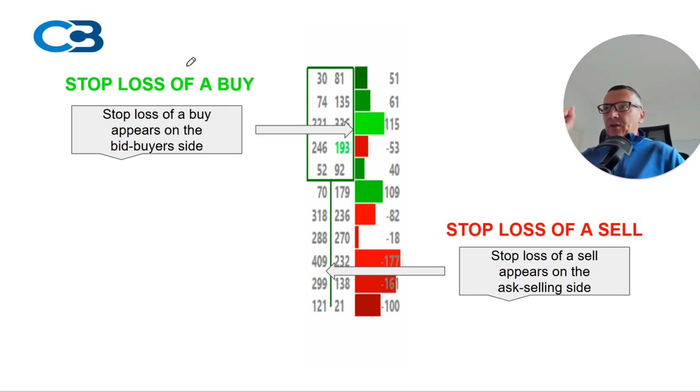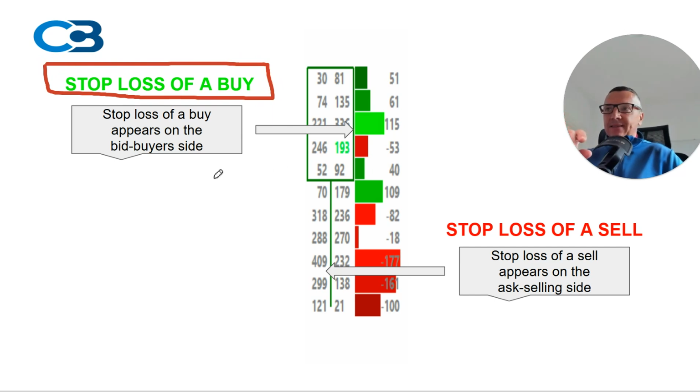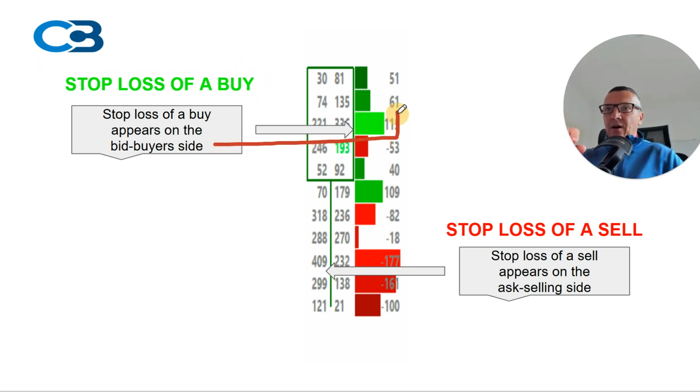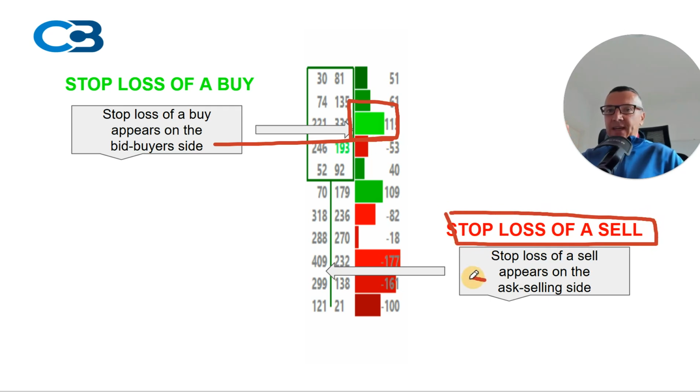And then stop loss of a buy. So a stop loss, another order type, appears on the buy side. Okay, and the stop loss of a sell appears on the ask, the sell side.